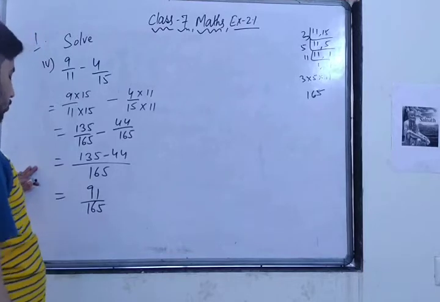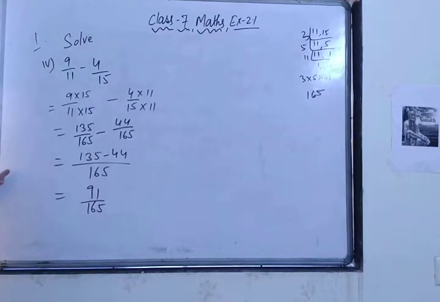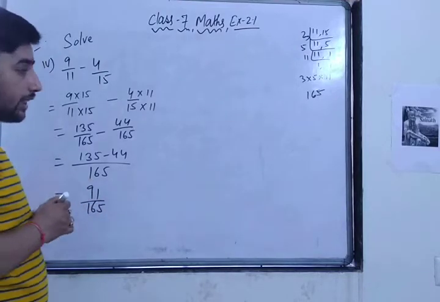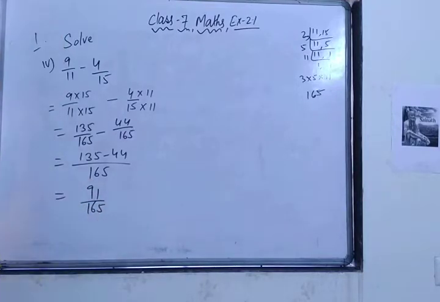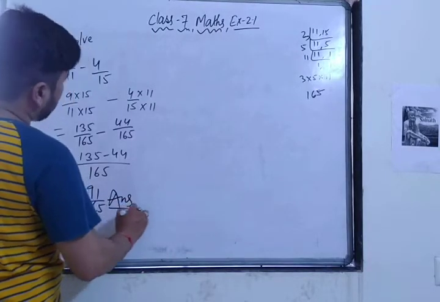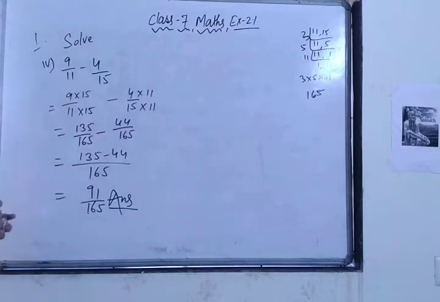If you want to take it to the lowest level, you only check if both numbers come in any similar table, then we can cut it. 13 sevens are 91, but this 165 is not divisible by 13, right? So we can just leave the answer like this and write the answer. Got it? This was question number 4.